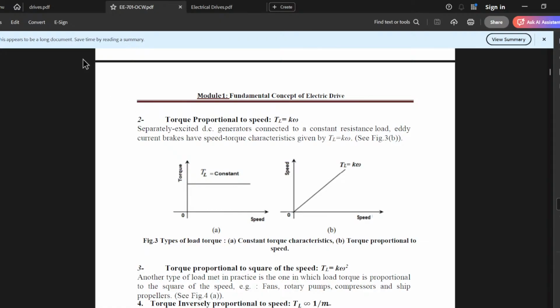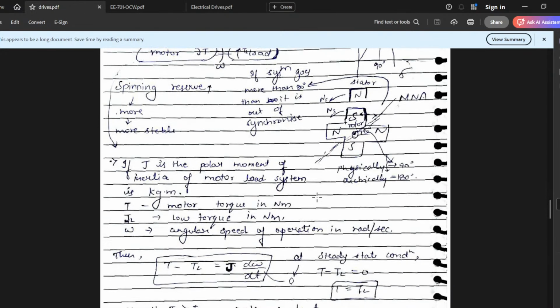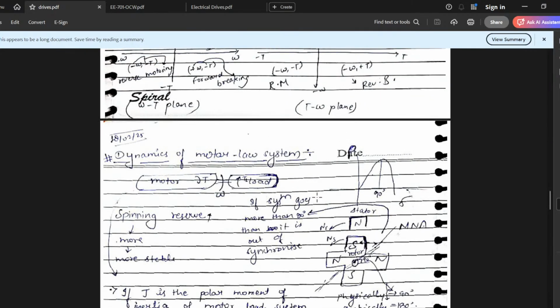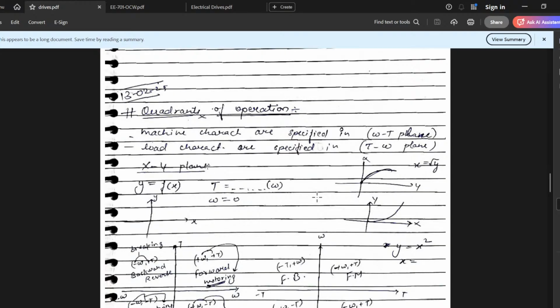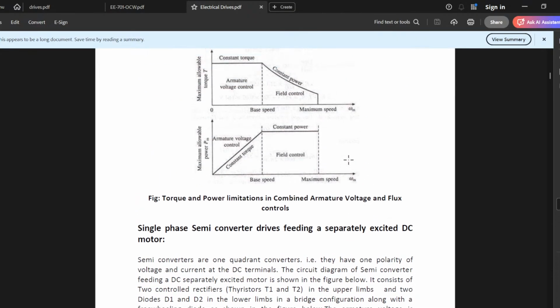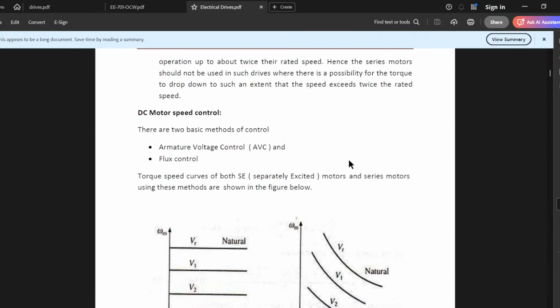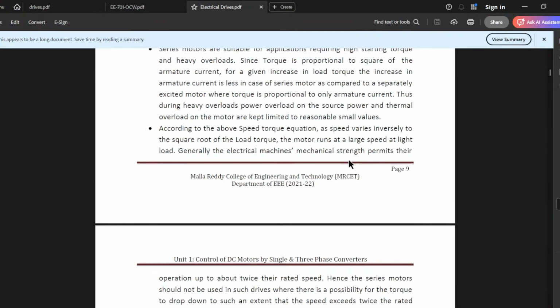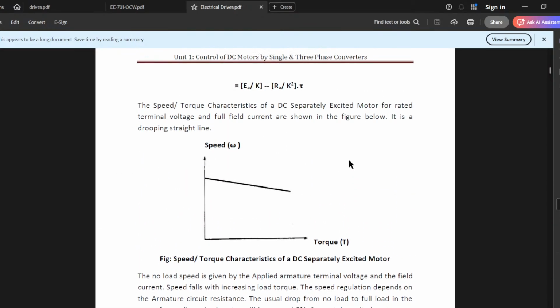Okay, we got these. Let's check in the notes what we have here. Why is it not in this one? Do we have armature voltage in this one? Yeah, we do have it.